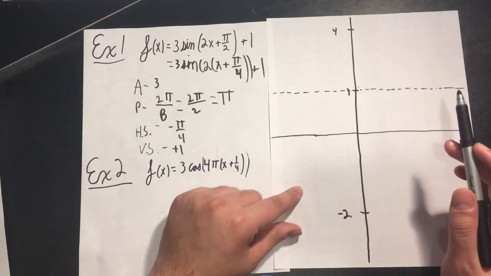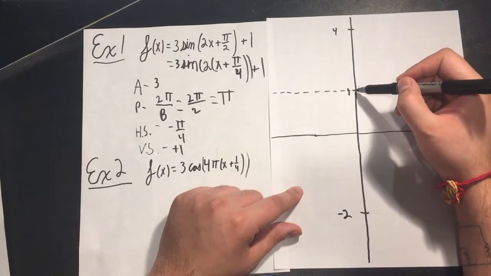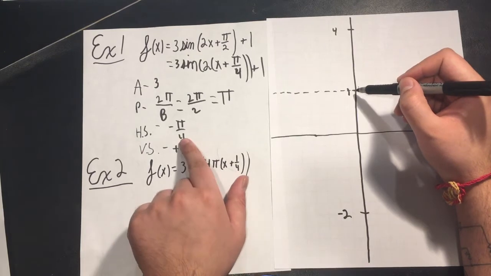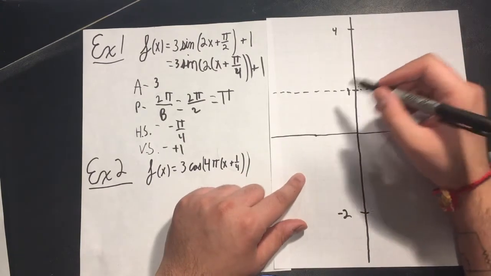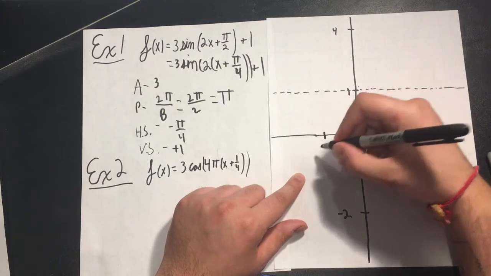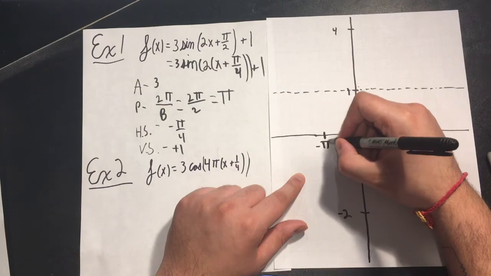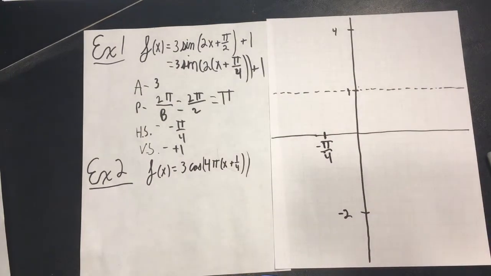The next thing to look for is your horizontal shift. Normally you'd start from y equals 0, but here it says you have to shift negative pi over 4 to the left. So I'm going to make that right here. Negative pi over 4. And pi should be the length of your entire cycle.